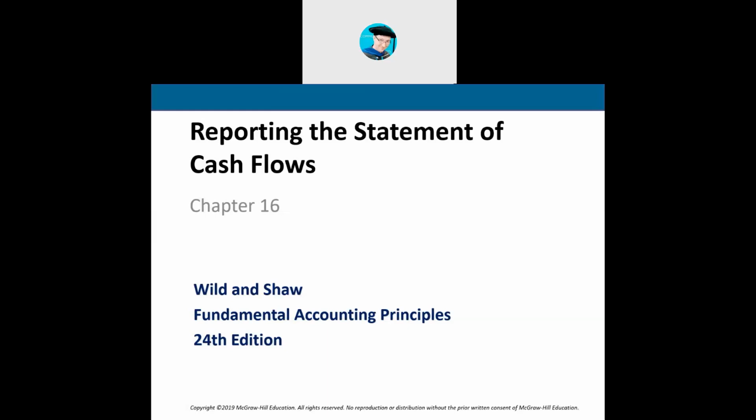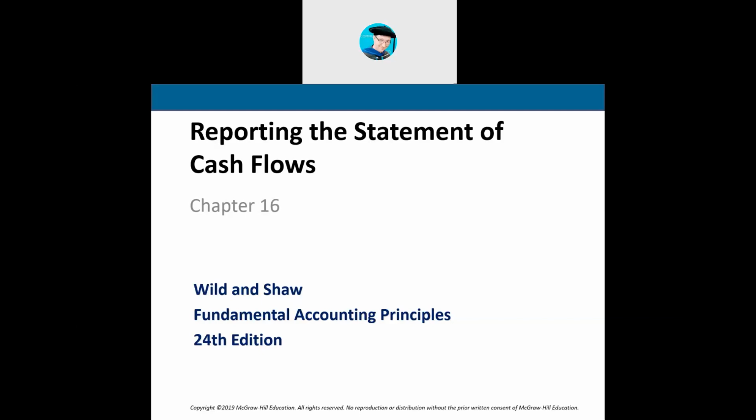Here's the difference. The income statement represents your revenue and your expenses and your net income. Net income is your revenue minus your expenses. That's your income statement. On your balance sheet, you have assets, liabilities, and equity.